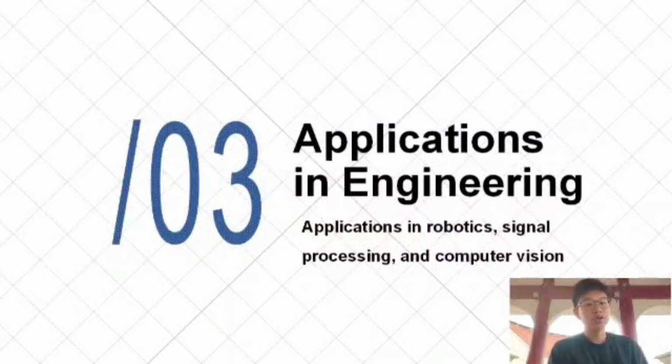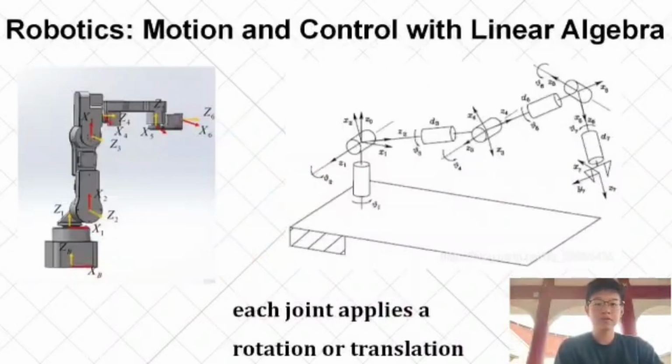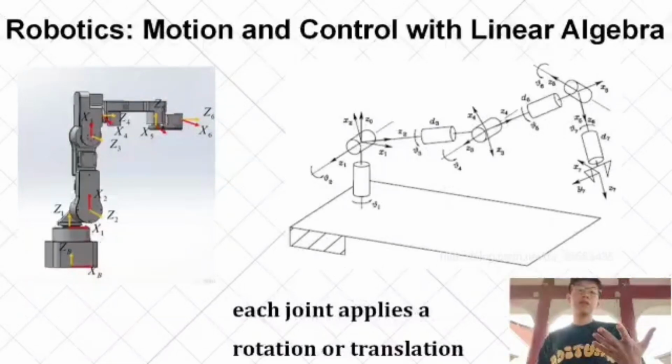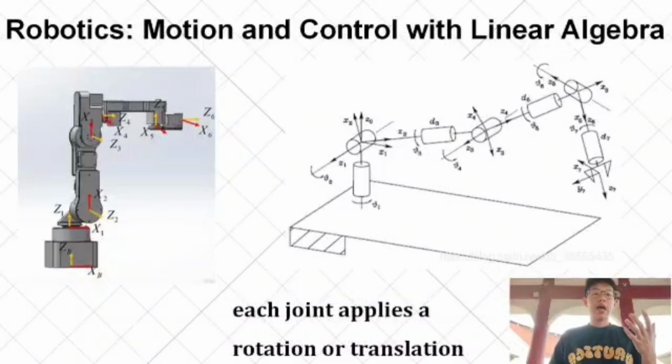Now I'm gonna introduce the applications in engineering. I'm gonna explain applications in robotics, signal processing, and computer vision. In robotics, a robot's motion can be described using vectors. Each joint position, like the picture given, velocity and acceleration forms a state vector.